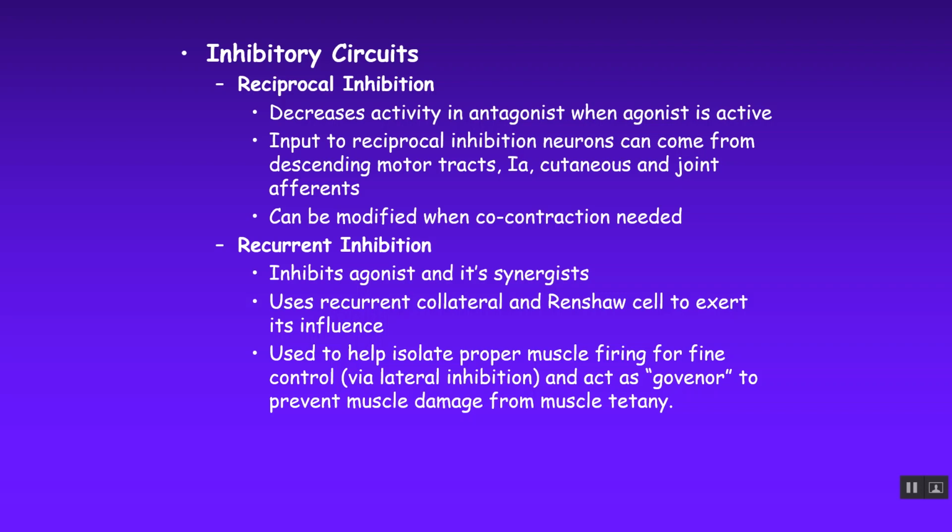If you're doing a task that requires really fine control, not just grossly lifting a weight, but finely moving or manipulating an object in my hand, I only want to turn on just the muscle fibers needed for that task. I don't want to turn on extra muscle fibers that get in the way of that manipulation, or so many that I crush the egg I'm holding or that really light piece of paper.